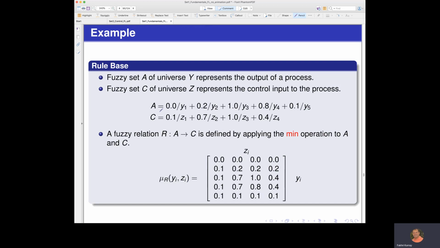Okay, so let me give you an example here. Let's suppose that we have a system, and this particular process is generating a certain value for C. So this is A here. Fuzzy set A represents the outputs. This is the engine K here.